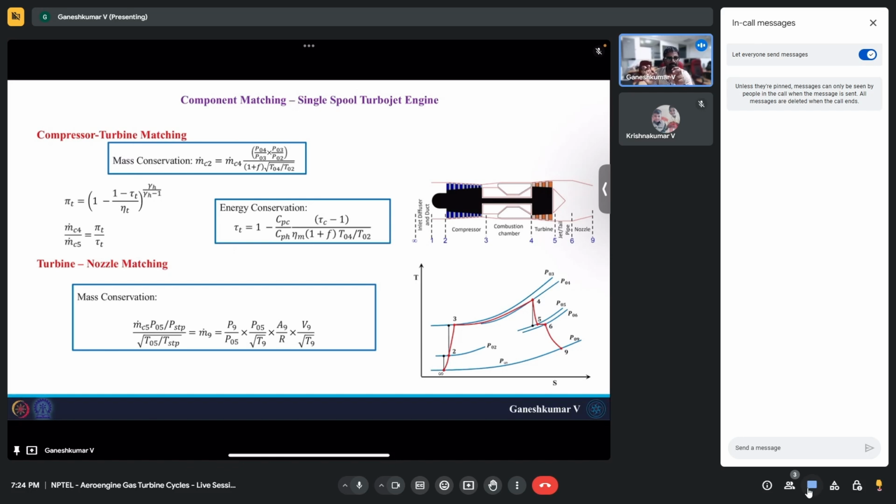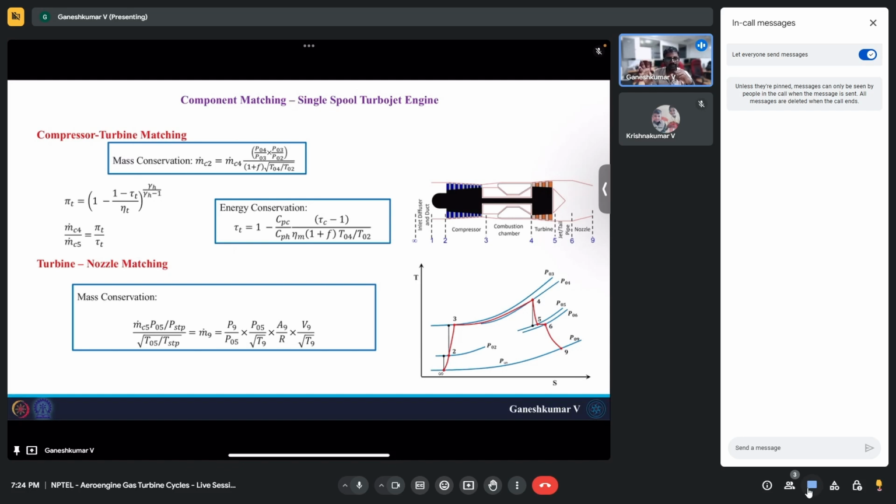Because the compressor pressure ratio is less, the amount of mass the compressor can swallow will also reduce. So A infinity, in other words the projected area from which mass is entering the engine, will reduce.